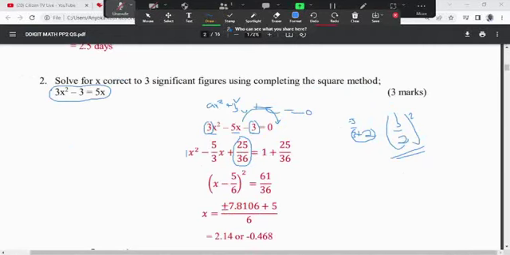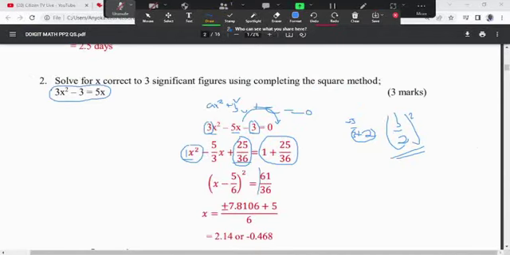Then we take the square root of the first term and the square root of the third term here, which is x minus 5 over 6, because we had negative 5 over 6, so the square root of 25 over 36 is what we squared, which was negative 5 over 6. So squared is equal to, if we add these two, we get 61 over 36, but you can keep on confirming. Then we take the square root both sides.